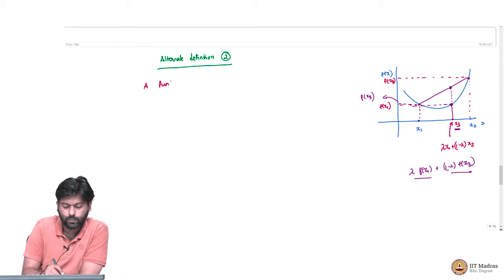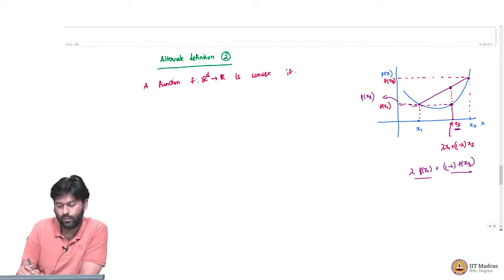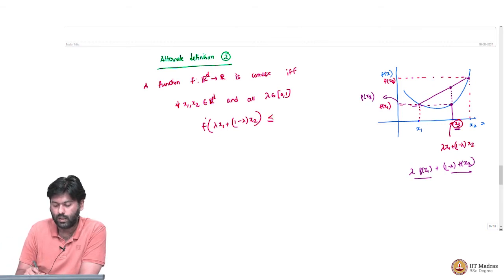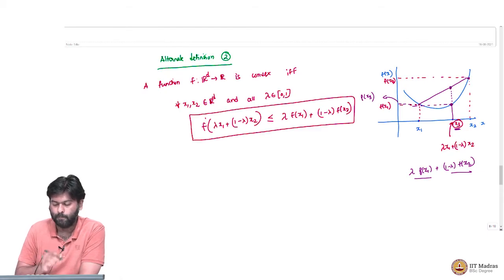A function, again for simplicity, let us think of this as Rd to R, is convex if and only if for all x1, x2 in Rd and all lambda in 0, 1, it happens to be the case that f of lambda x1 plus 1 minus lambda x2, which is the function's evaluation at this point, the x3 in this case, is less than or equal to lambda times f of x1 plus 1 minus lambda times f of x2, right.